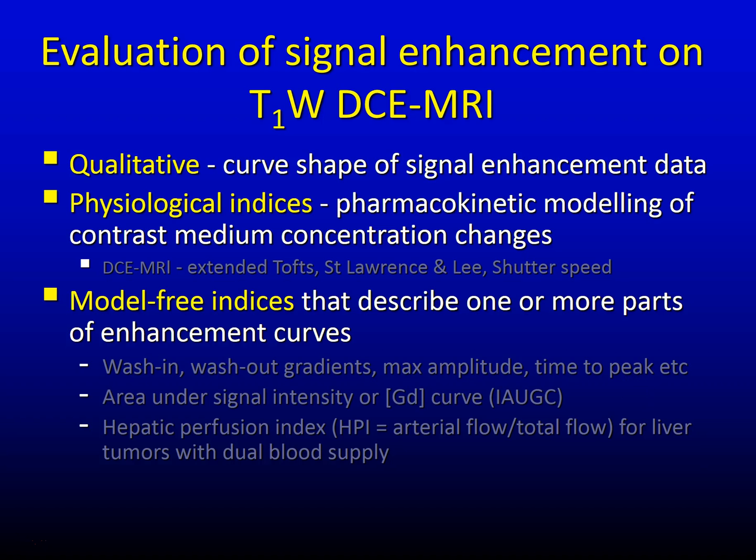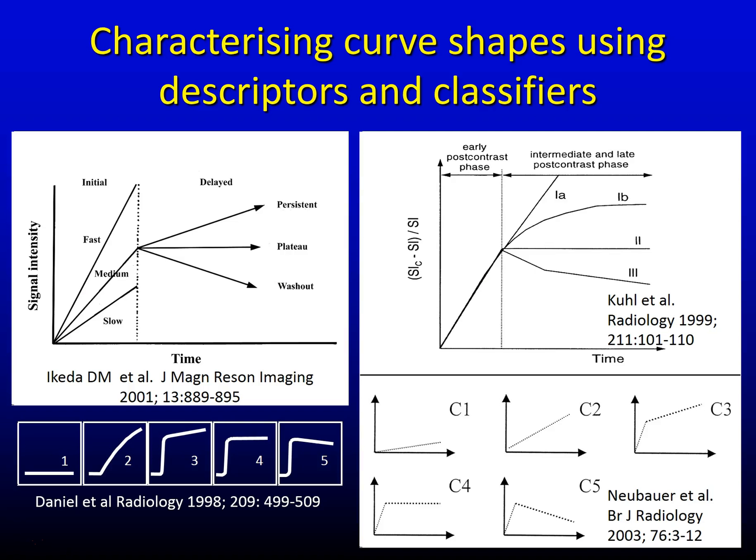You can go beyond morphology, you can start to look at the curve shapes. You can extract physiological indices from the curves, and this can either be done using pharmacokinetic modeling or model-free indices from one or more parts of the enhancement curve can be obtained.